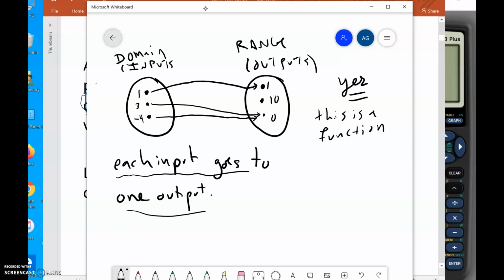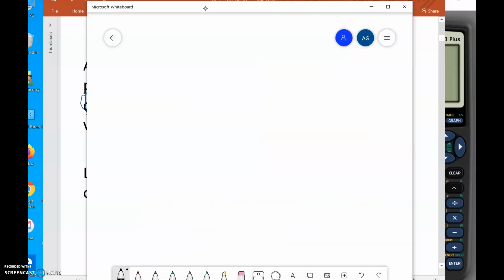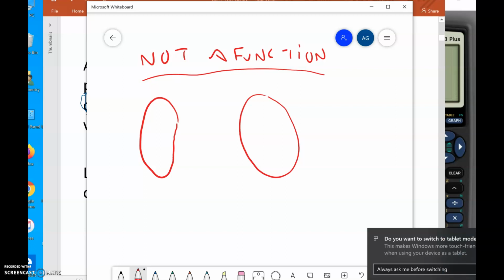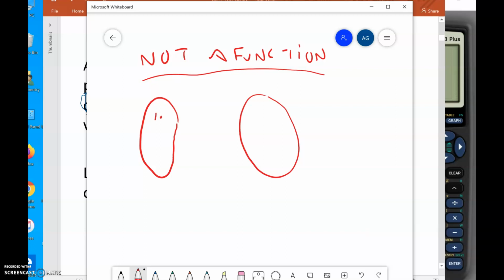All right, let's look at another one. And I'll tell you ahead of time, this is not a function, what I'm about to do. So imagine that we have another set over here, and let's say that I have the elements 1, 3, and 6.